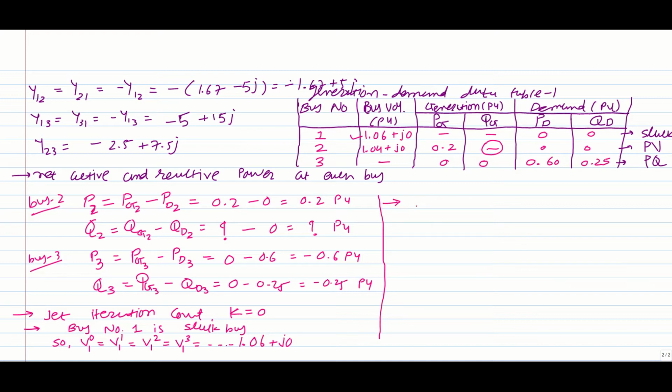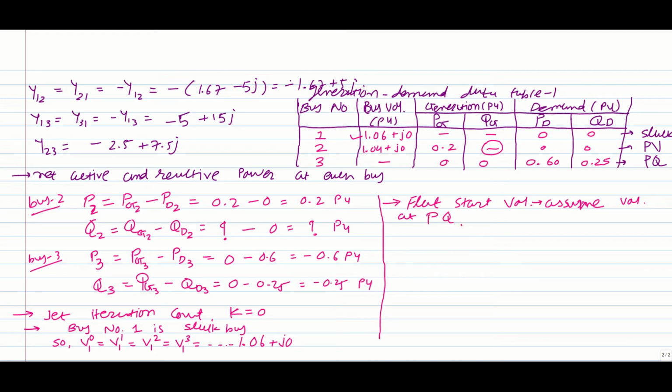Now we need to assume the voltage for the PQ bus because it is not given. For a flat start, we need to assume the voltage at the PQ bus.